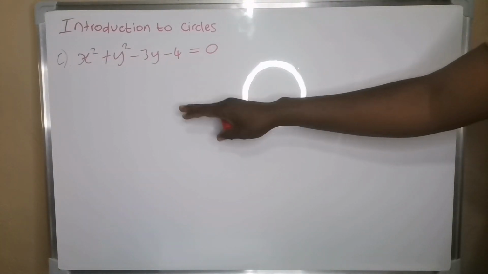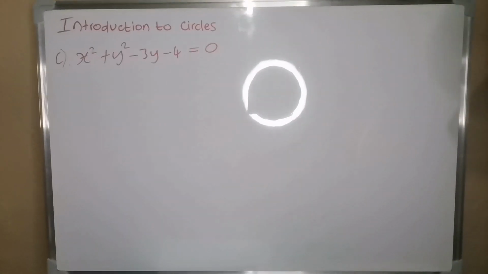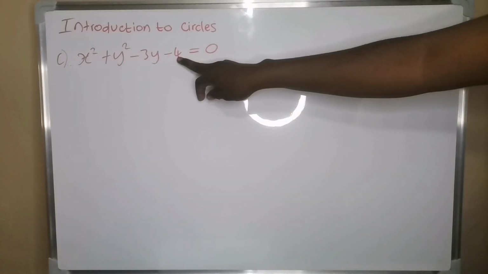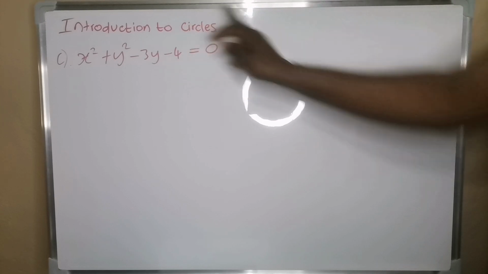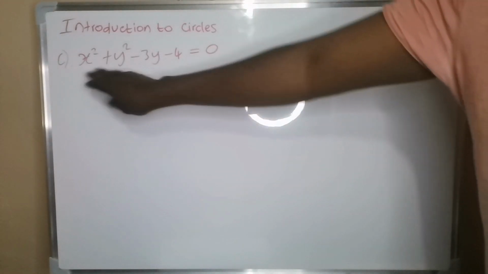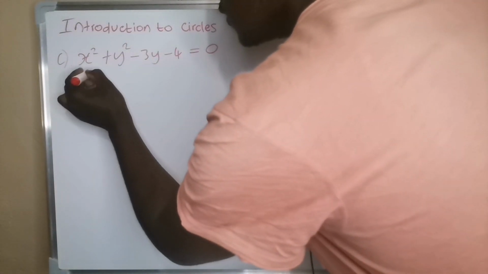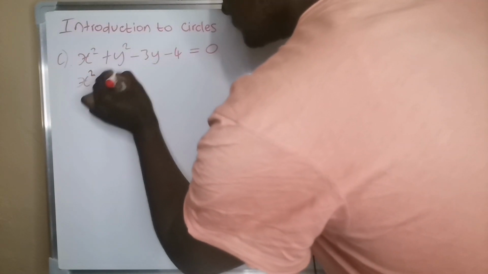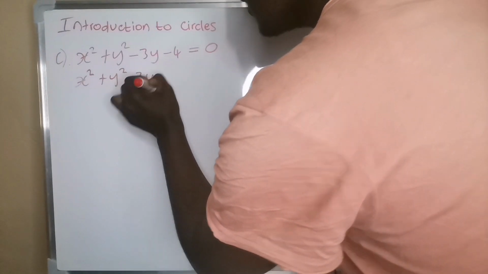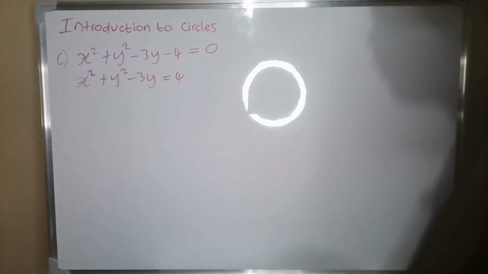In this case, we don't need this constant on our left. We just need to transpose it to the right, so that we can complete the square. So we are going to have x squared plus y squared minus 3y equal to 4.